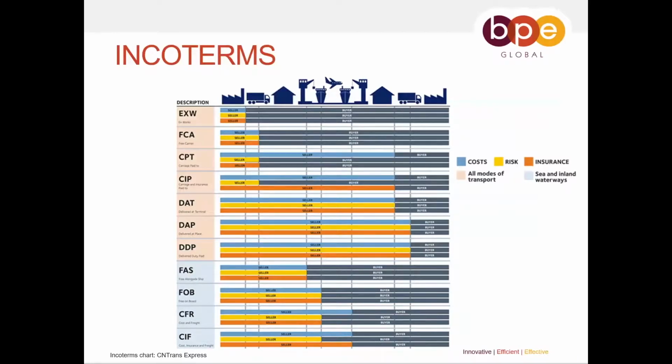And I recommend looking at how you move your goods and what you normally pay for and seeing if you're using the right Incoterms. So what are Incoterms not? They are not payment terms. They are not freight payment terms. They don't transfer title. The transfer of title is determined in your sales contract.